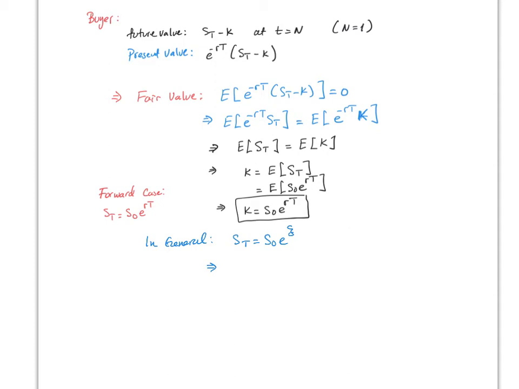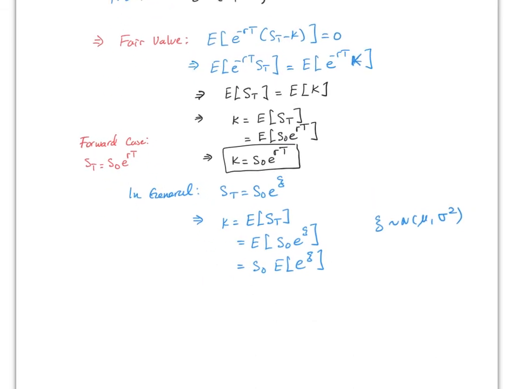So in this case, K will be equal to the expected value of S_T, which would be the expected value of S0 e to the X. Now the next result, we're going to get into details of that much later, but technically this is the same thing as S0 e to the X, where remember X is a normal distribution with mean mu and variance sigma squared. Usually you see this in Math 380 or in some probability class.